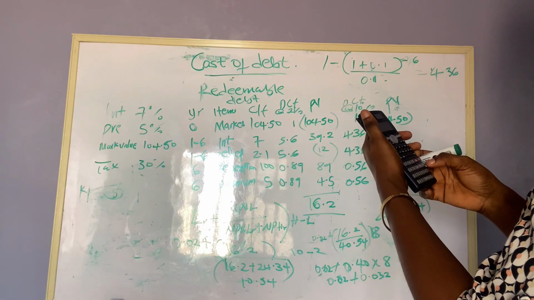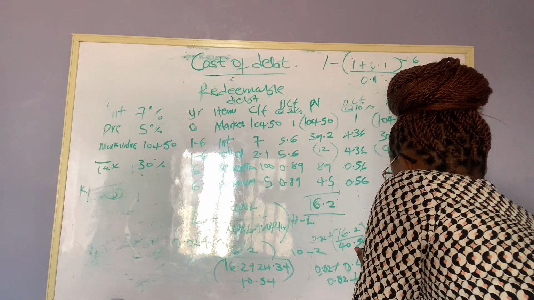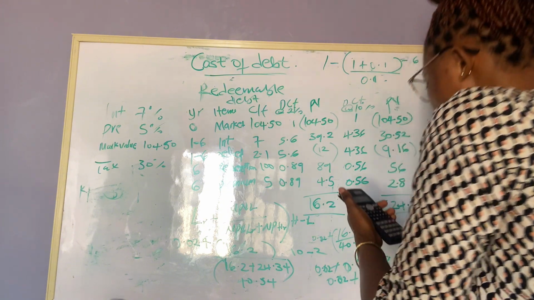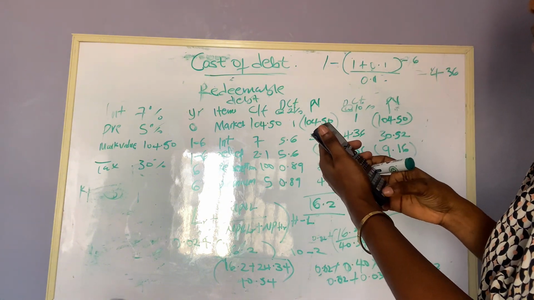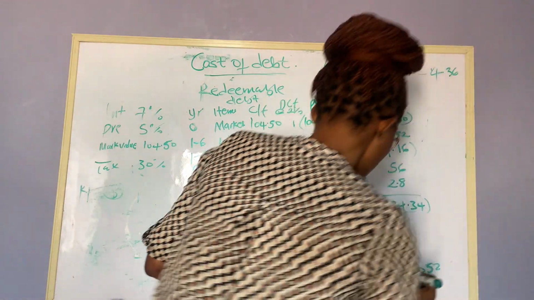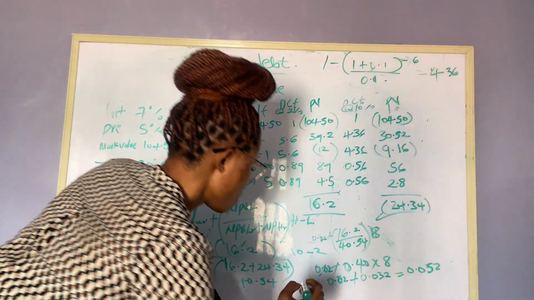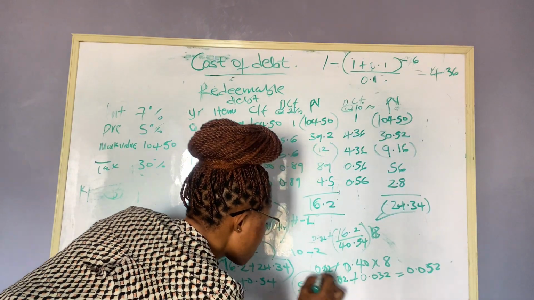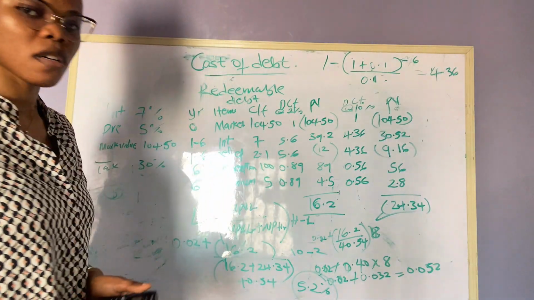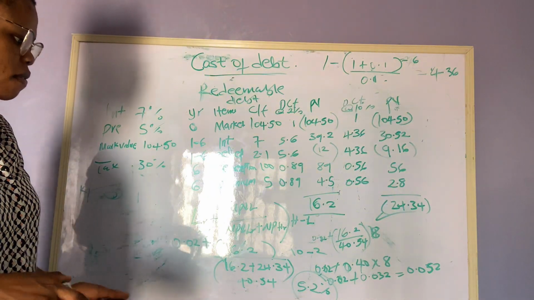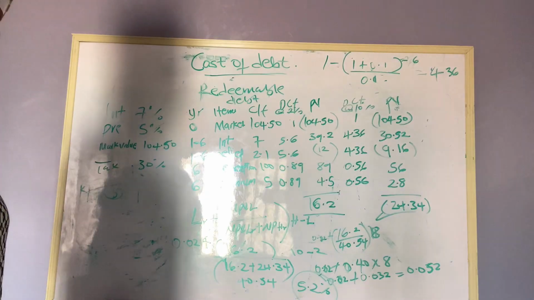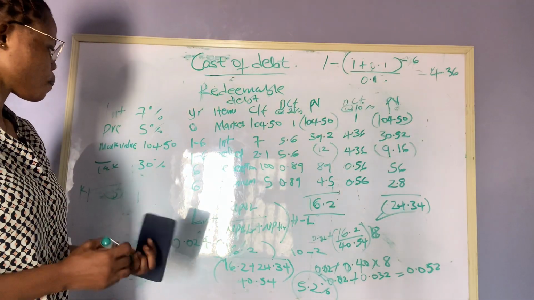Okay, so this gives us 0.052. By the time you multiply by 100, it will give us 5.2%, which means the cost of debt is 5.2%. So that's the cost of debt.